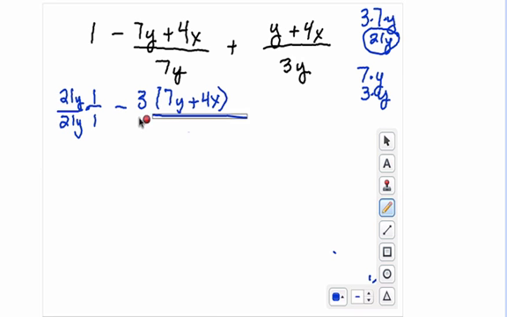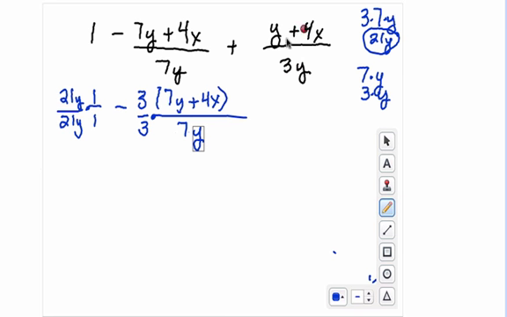I'm multiplying this by 3 over 3 basically, using the power of 1. I can multiply anything by something that equals 1, because it doesn't change its value, just makes it look different. So that'll give me my 21y down here, and that takes care of that fraction.